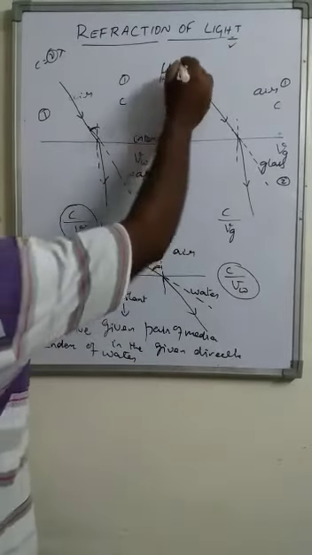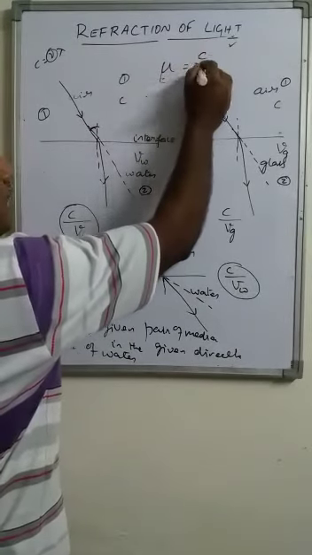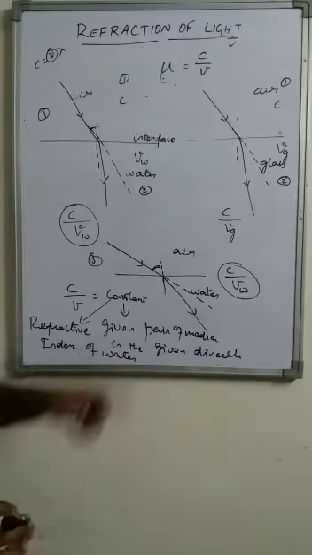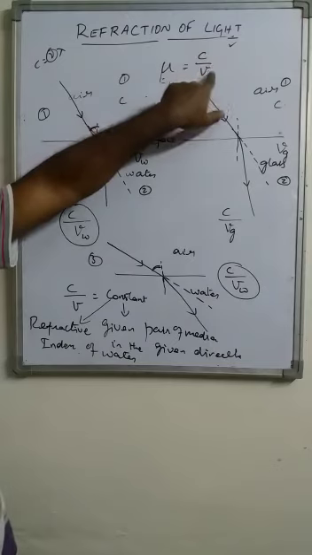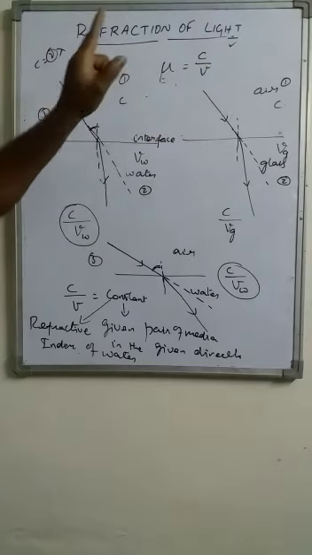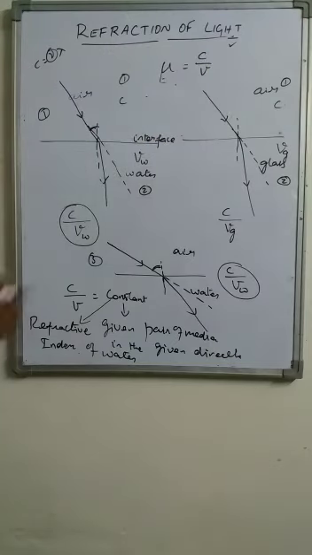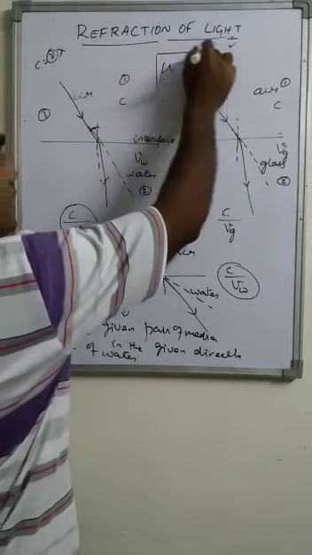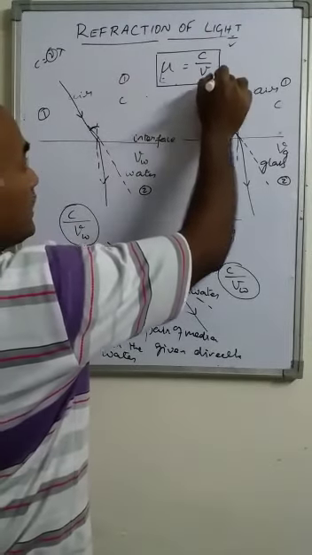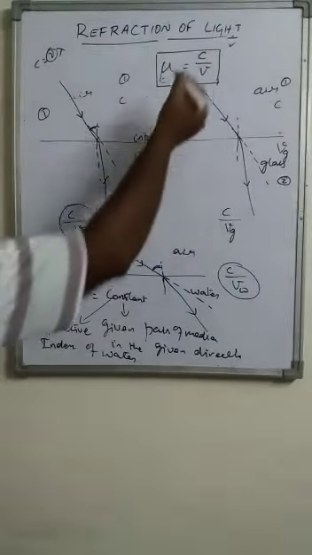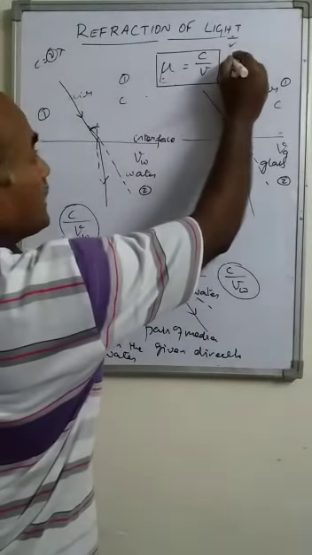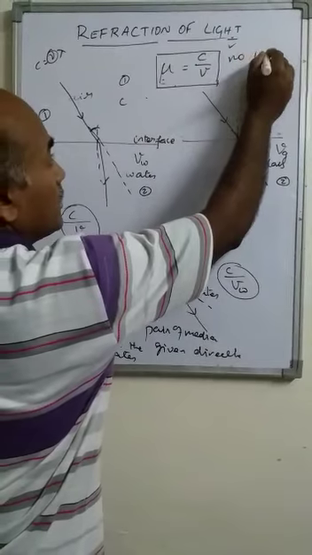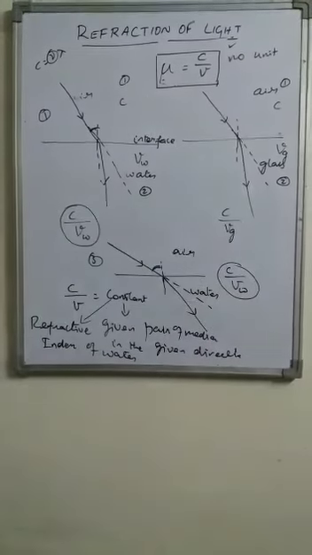So refractive index is equal to c upon v. Refractive index is the ratio of velocity of light in vacuum to the velocity of light in any medium. This is the basic formula for the refractive index. So here it is a ratio of same quantities, so refractive index has no unit.